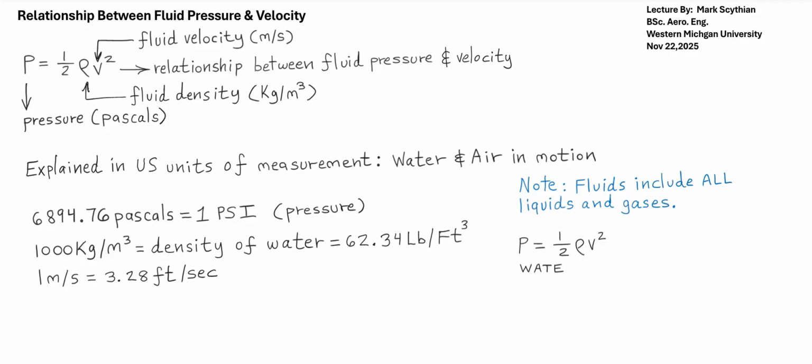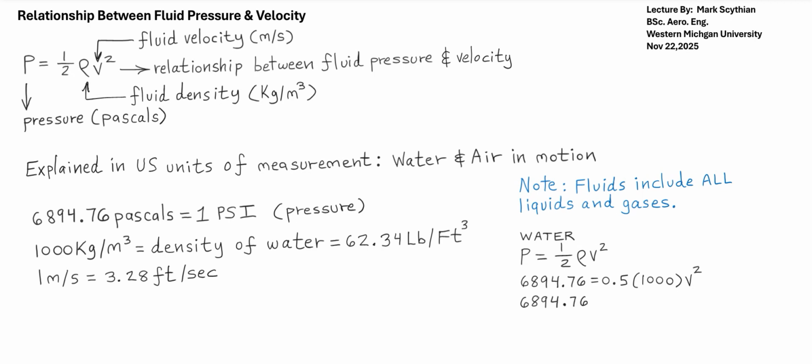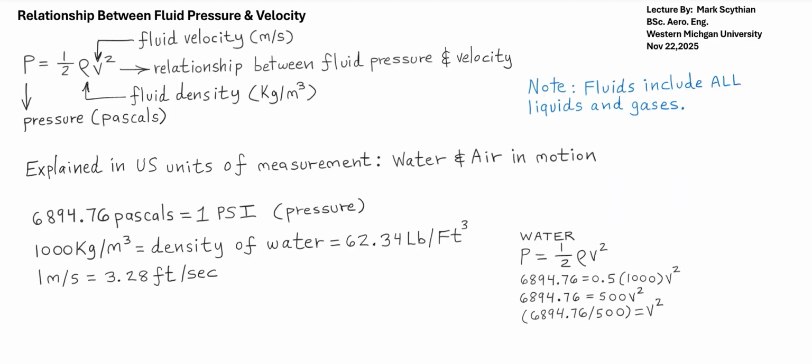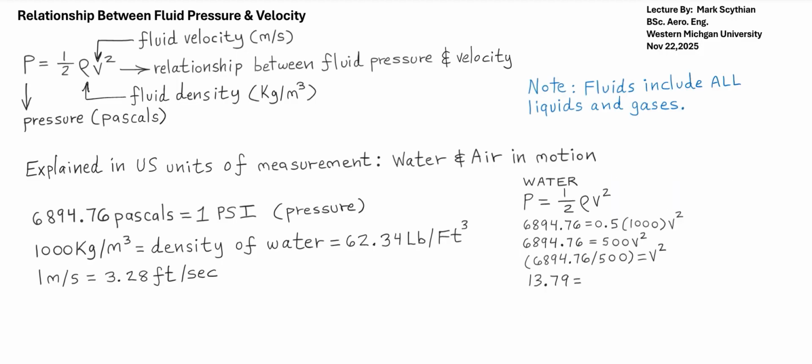So again, we take this equation, the relationship between fluid pressure and velocity, and we isolate it with respect to water and solve for the velocity component. So we just substitute and solve.